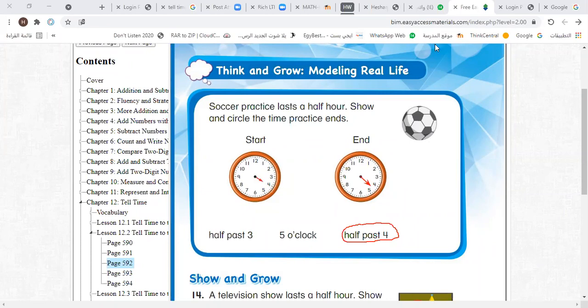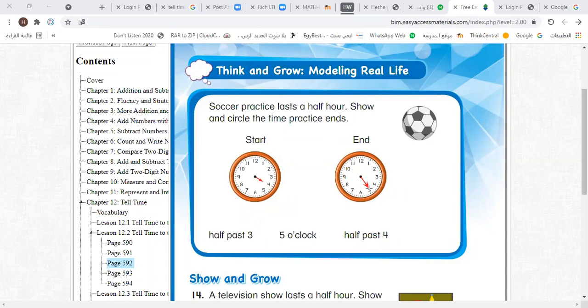Now let's answer the next question. Grade 1, I'll say an important thing. Please pay attention, all of you. Can you see here, 4 o'clock and half hour equals half past 4.